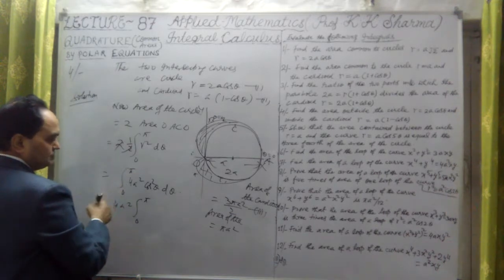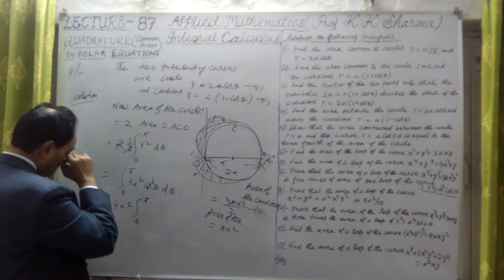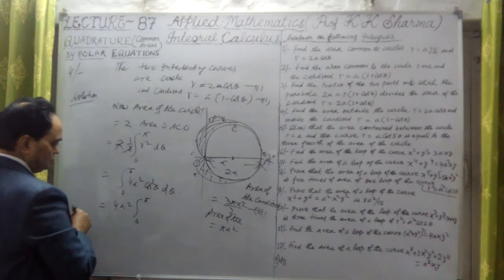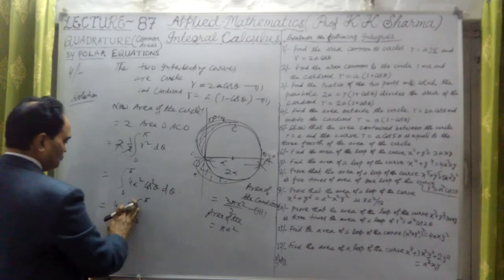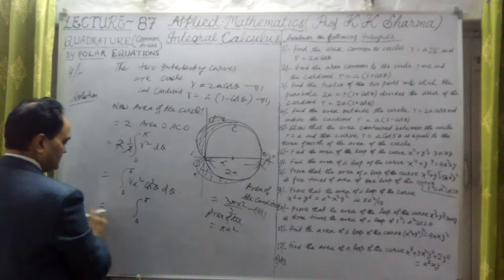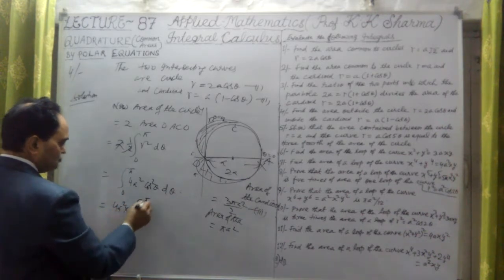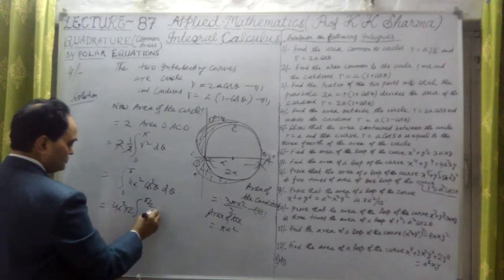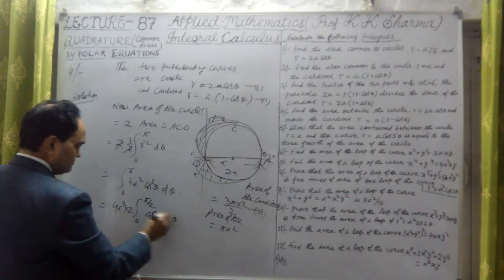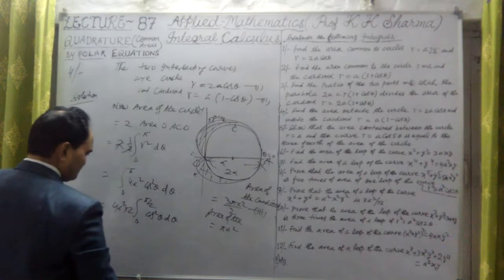It is half of this area and twice of this. Limits are 0 to pi by 2. That can also be done. Let me take this as 4a square into 2 into 0 to pi by 2, and this is cos square theta d theta. Simple.